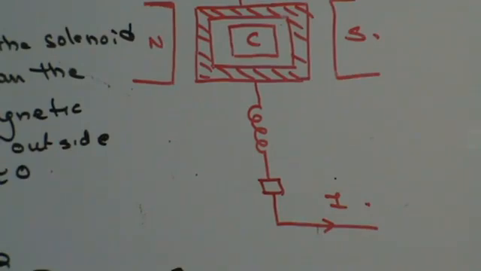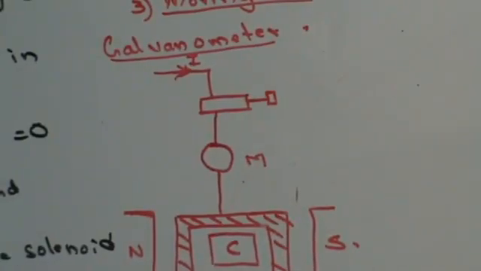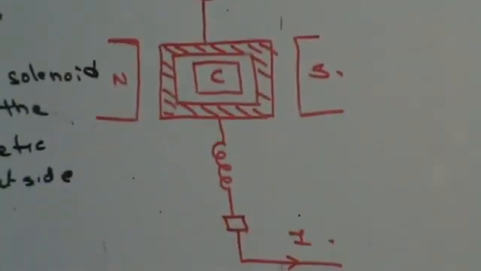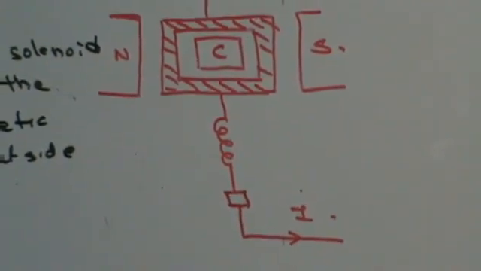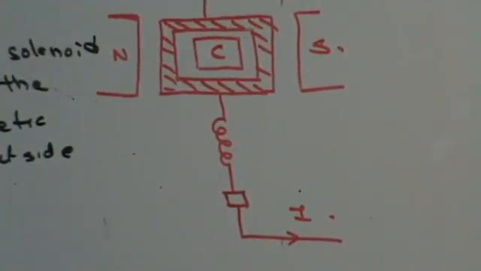This is the diagram for a suspended coil type moving coil galvanometer. Now let's see the construction, guys. Can you please see this?